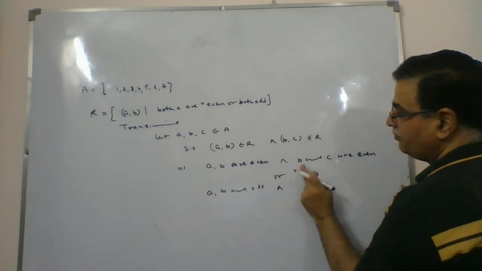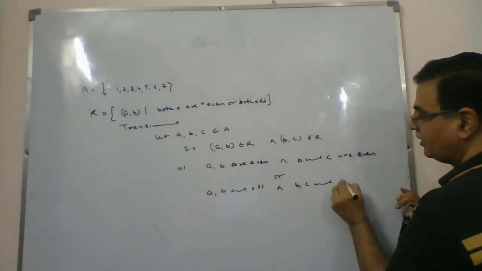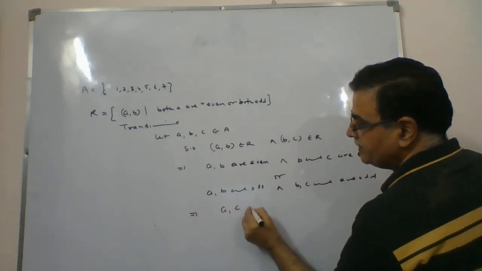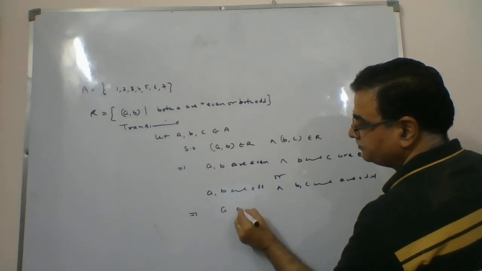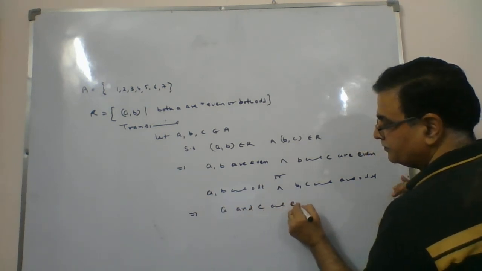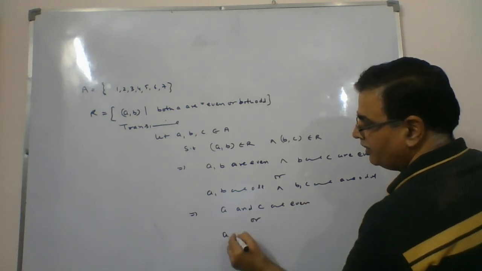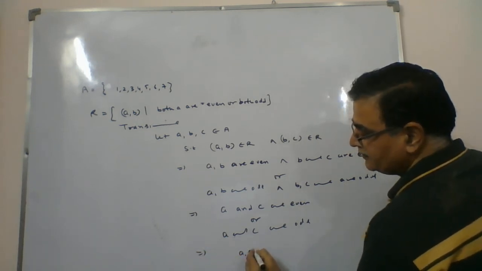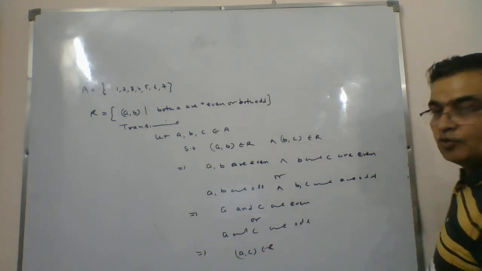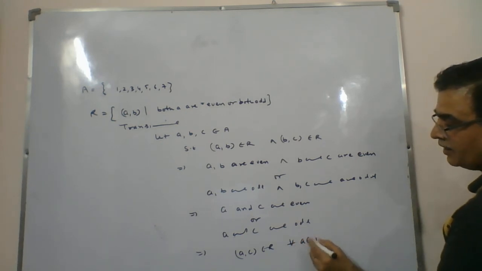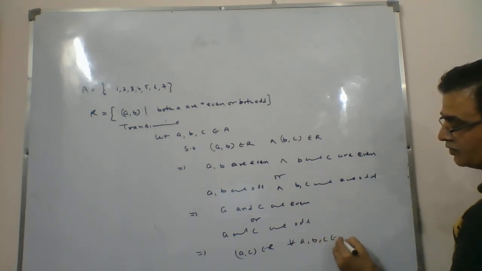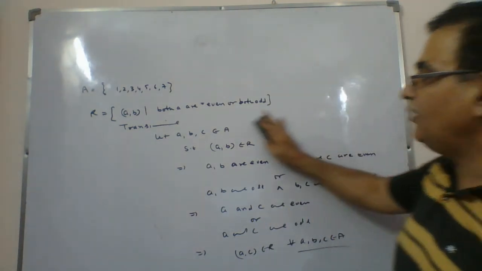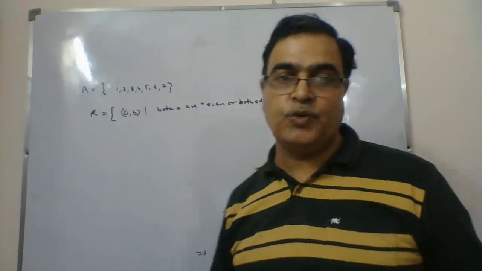If A and B are odd, then B is already odd, so B and C are odd. This implies A and C are even or A and C are odd. This implies (A, C) belongs to R for all A, B, C belonging to A. Hence this relation will be transitive. And after getting the transitive property, hence it is an equivalence relation.